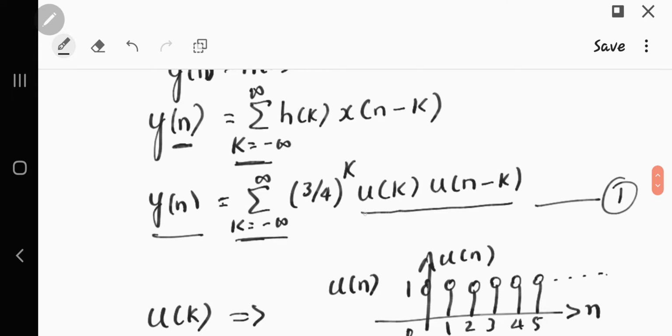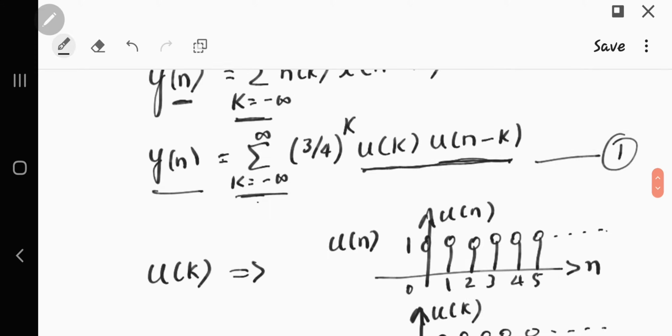These two, u of k and u of n minus k, will be 1 for values of k which are greater than 0 but less than n. So that's why our limit changes from k equal to 0 to n, because only in that duration u of k and u of n minus k will be 1.